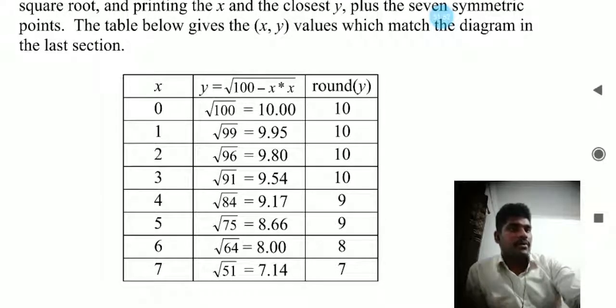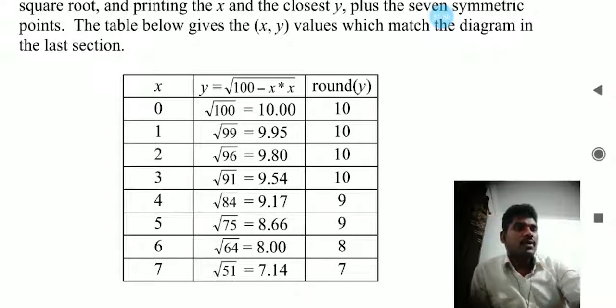Then what is the formula? y equals square root of r square minus x square. How does this formula come? From the circle equation: x square plus y square equal to r square. Based on that formula we are calculating the x and y values. First initial x value 0, y value 10.